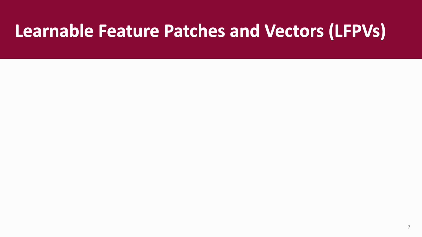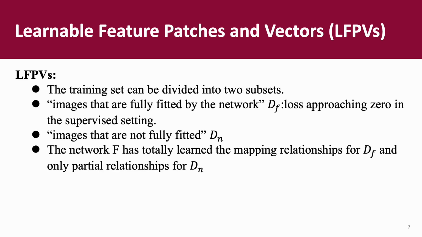In this paper, we propose a new type of reference, called Learnable Feature Patches and Vectors, LFPVs. This is built on the following facts. First, the training set can be divided into two parts. The first part is DF, which is fully fitted by the network, and the second is DN, which is not fully fitted.